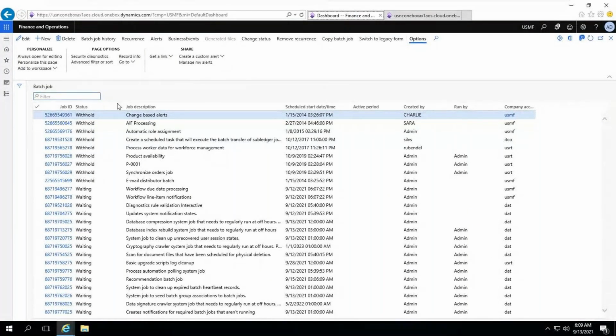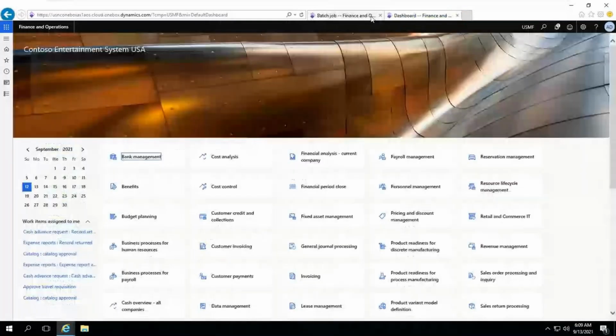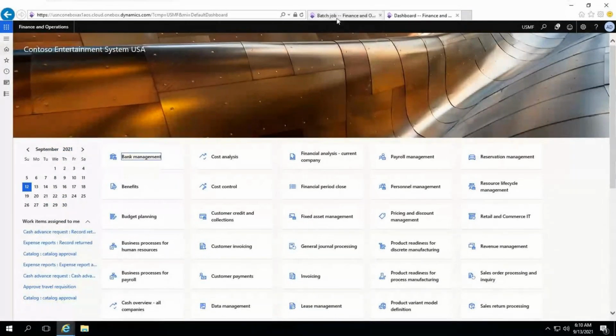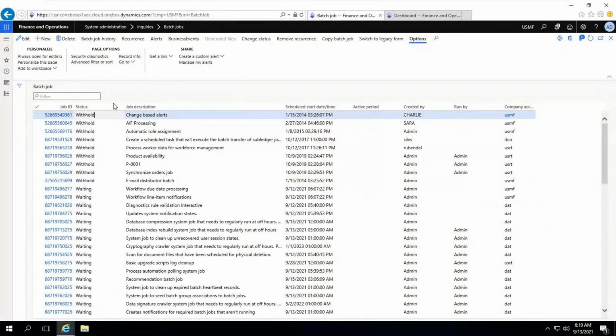Here there are so many batch jobs running, and you can filter. First you can take the status and filter by waiting. Filter by the status, waiting.